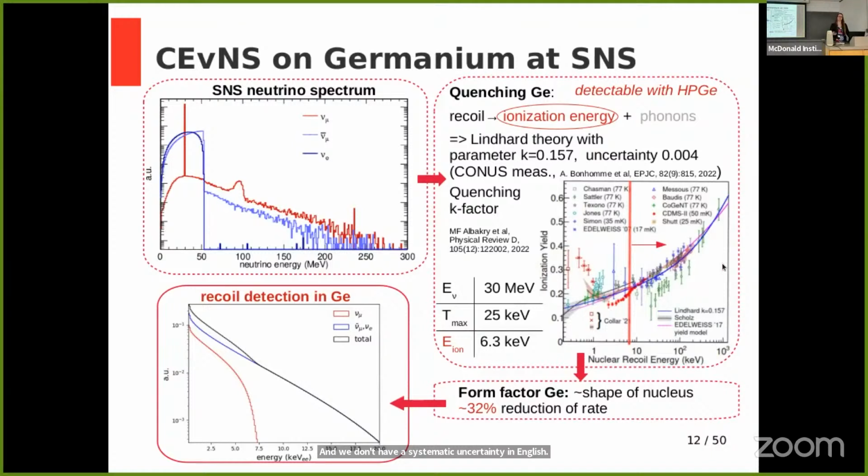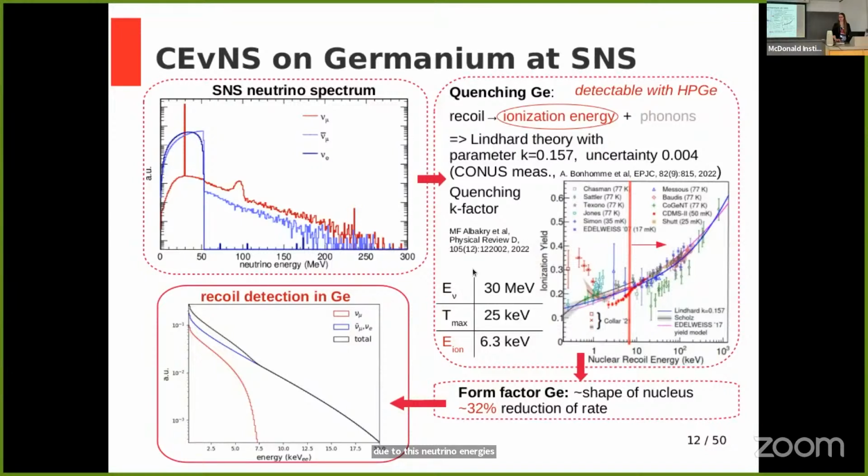Then we need to apply the quenching to the expectation. And then we also need the form factor, so the shape of the nucleus, due to the neutrino energies being a few tens of MeV.